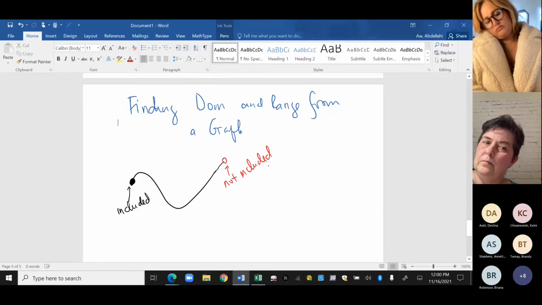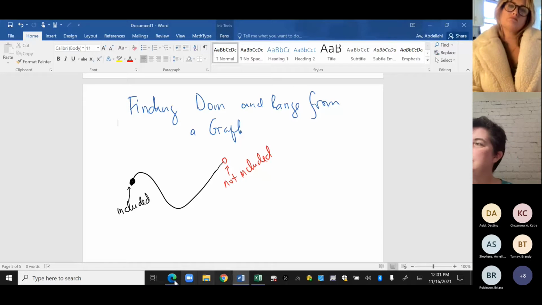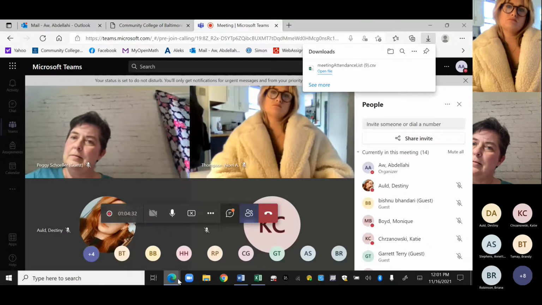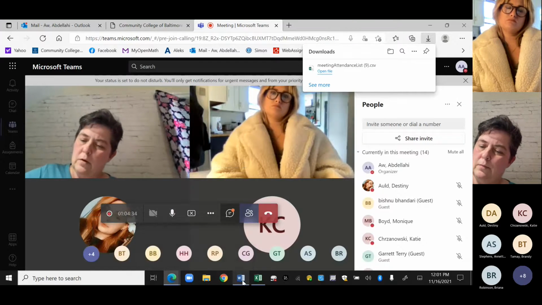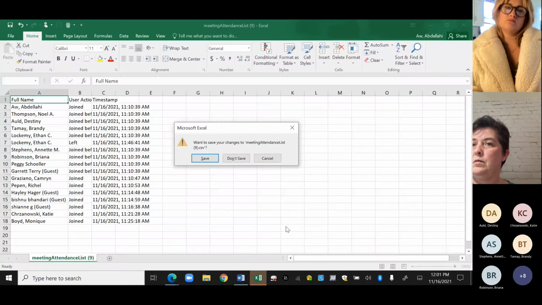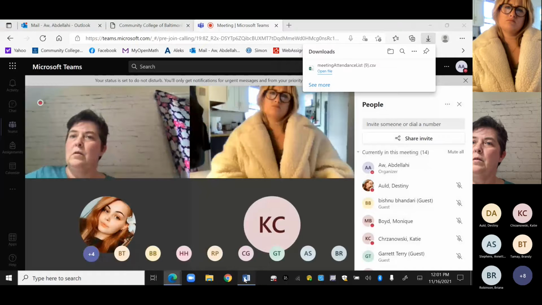When you see a bold point, it means my graph doesn't go any further and the last point is included. If you see an open circle, it means my graph doesn't go any further, but the last point is not included. That is a convention we have from the graphs.